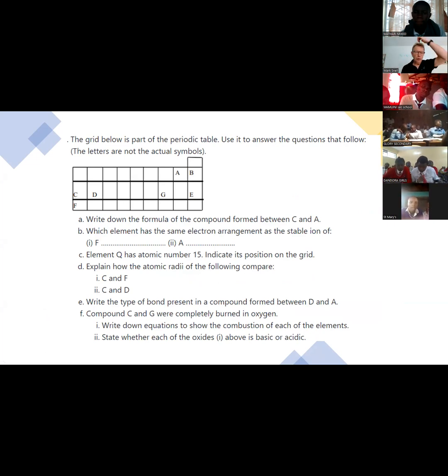Now, this is the one I said we would be able to do. So let's look at the compound formed between C and A. Have a go at this. What will the formula be between C and A? Remember, this will be group 1, group 2, and the last one is group 8 or 0, so A is in group 7. So try and work out what the formula is for C and A joined together.